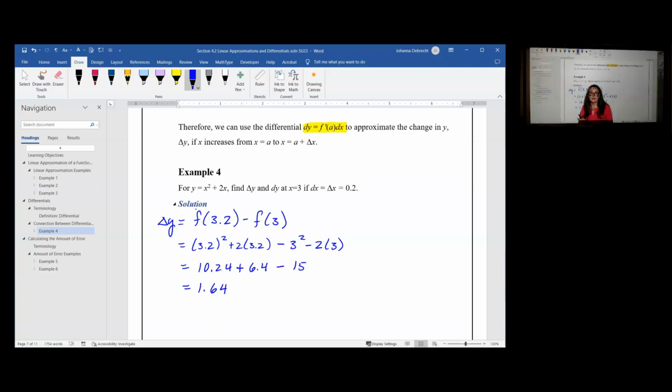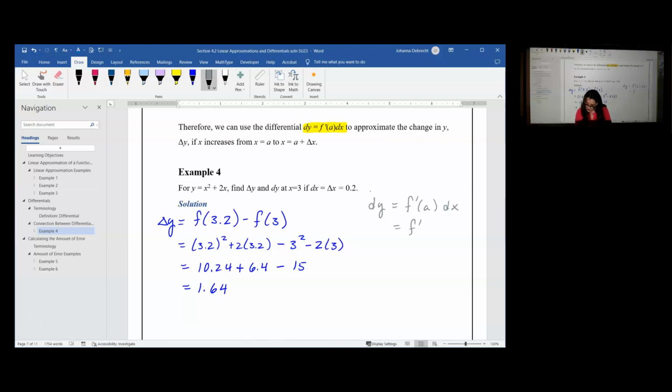Now we want to check the differential dy on the tangent line approximation. We want to see how close it came. In order to do that, you use the equation up here highlighted in yellow. We know that dy is equal to the derivative at that particular point times the change in the x value. Our change is 0.2 and a is 3.